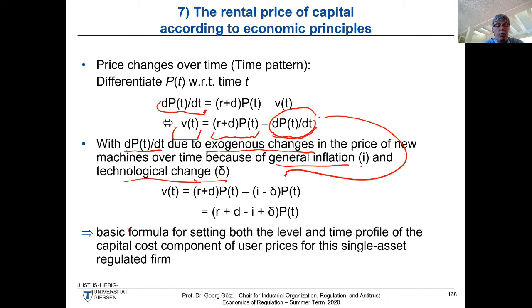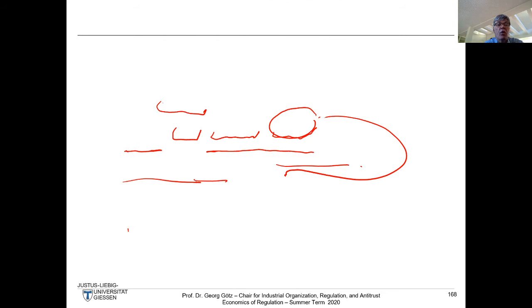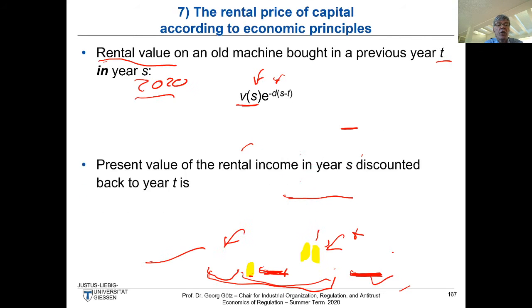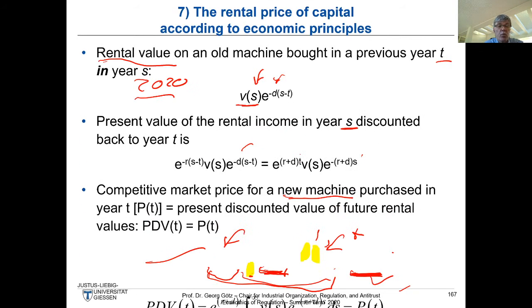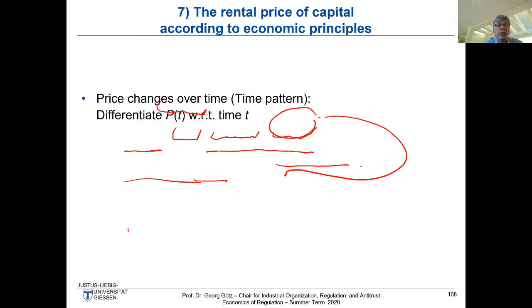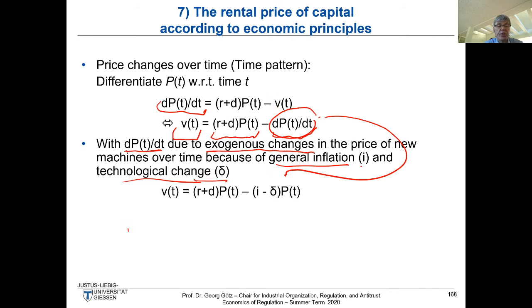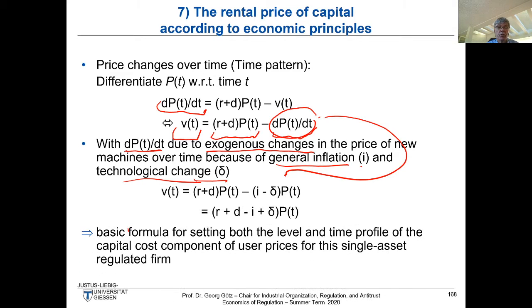But the important point is that even though you start up with a very complicated kind of argument where you derive this present discounted value, you see that the result is really a rather intuitive one. Hopefully that's also your impression. Okay.